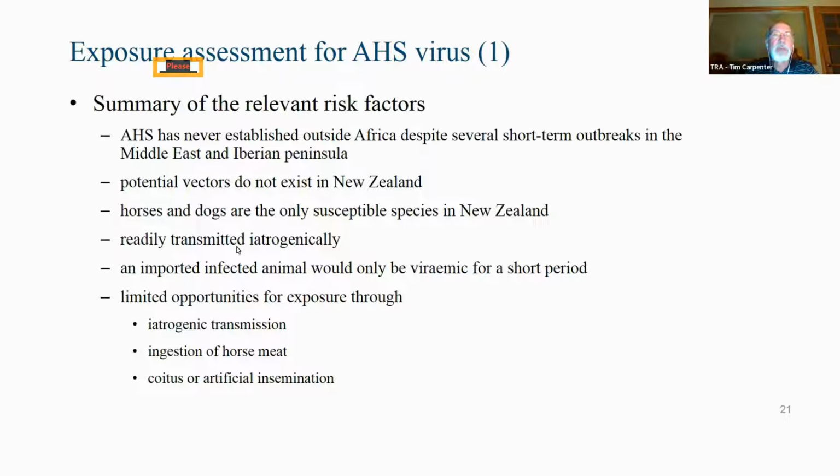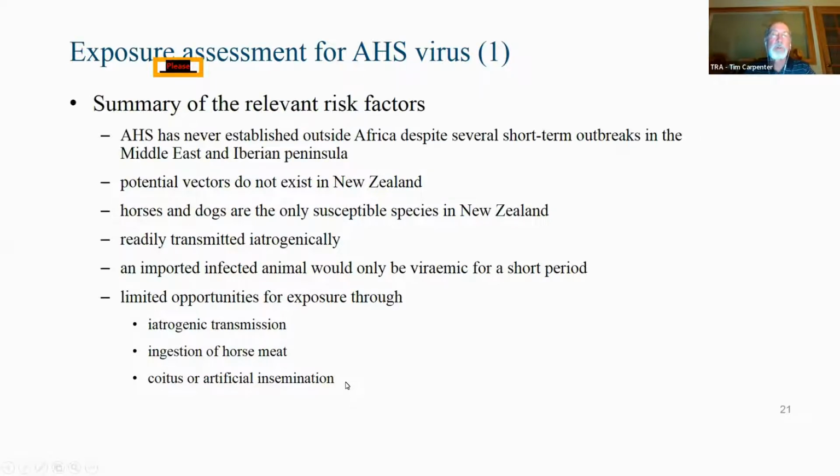The virus can be transmitted, on the other hand, iatrogenically through surgical equipment or vaccines. The virus is viremic for a short period of time, maybe 3 weeks. And there are a limited number of routes of exposure, as I talked about.